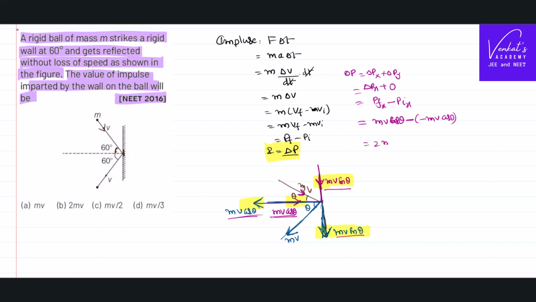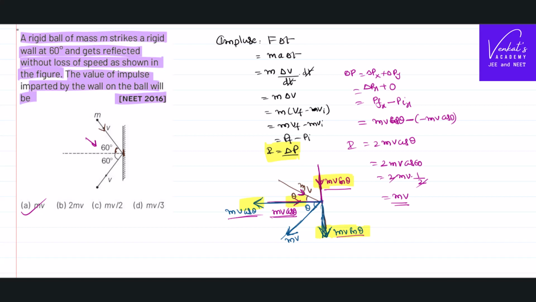So that's nothing but 2mv cos theta. So the change in momentum, or impulse, is 2mv cos theta. Substituting our data, 2mv cos, the angle is given in the problem as 60 degree. 2mv cos 60, and cos 60 is half. Both of the 2's cancel. So that's nothing but mv. So the answer for the problem is just mv.